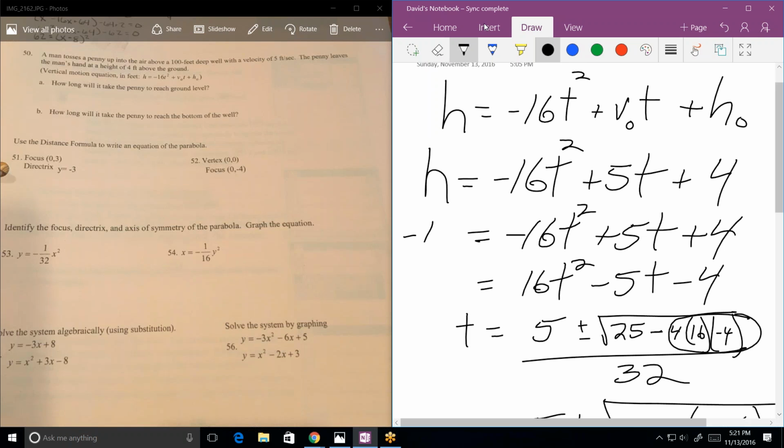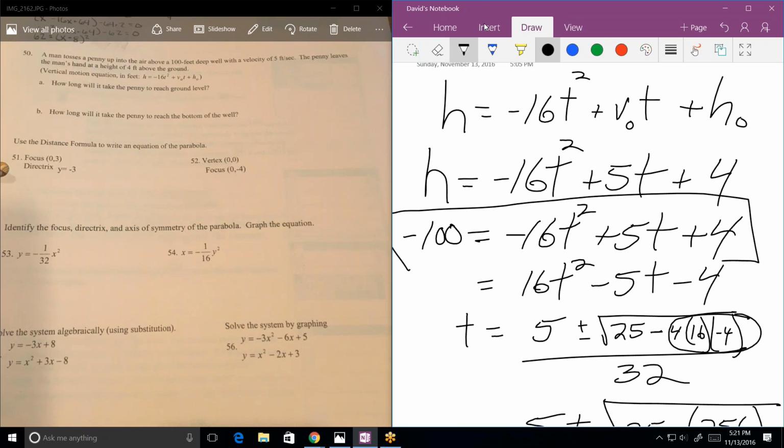Now I have to solve that. I'm going to move this 100 to the right side and then apply the quadratic formula again to see the positive time where the height of the penny reaches minus 100.